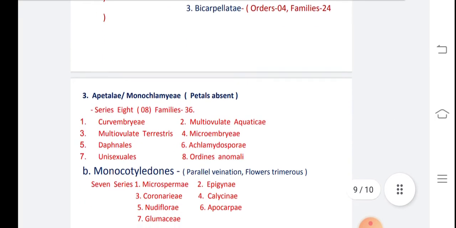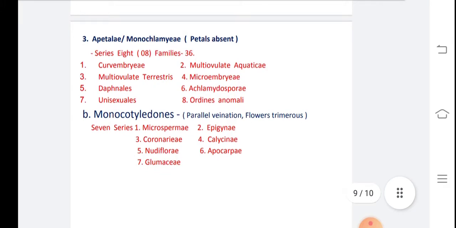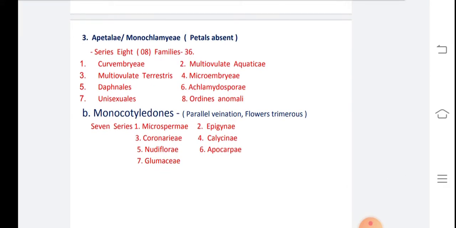Then next, the Apetalae subclass: Polypetalae, Gamopetalae, Apetalae. It is also called Monochlamydeae. Petals are absent, so there are no orders but only series. 8 series are there: Curvembryeae, Multiovulate aquatic, Multiovulate terrestris, Microembryeae.